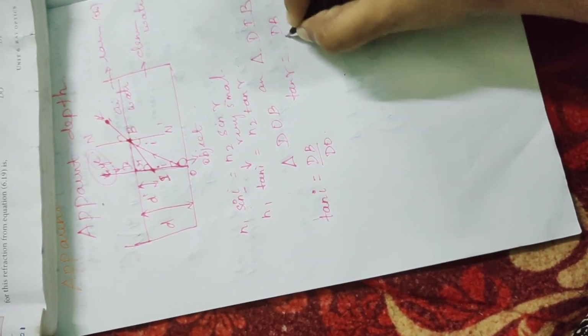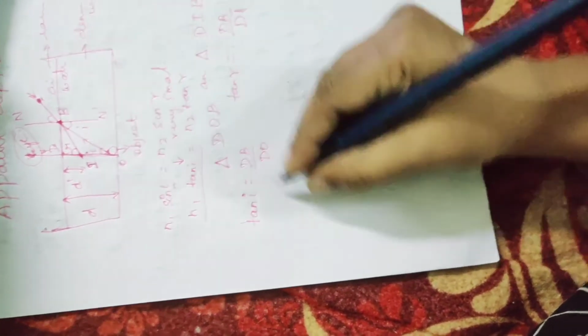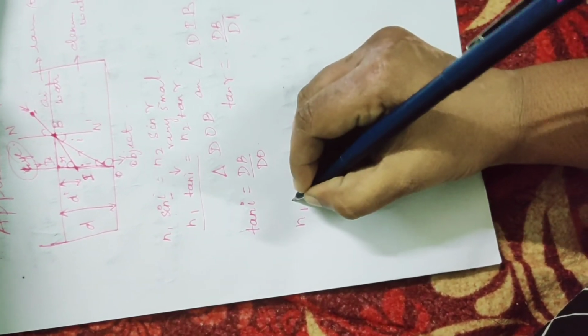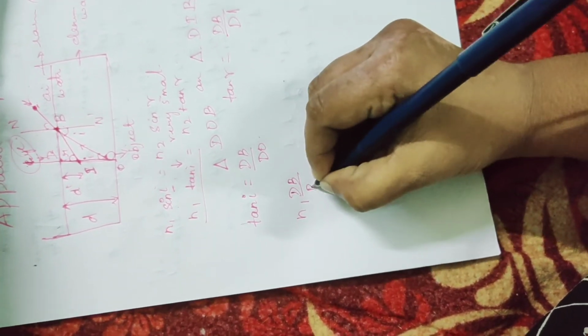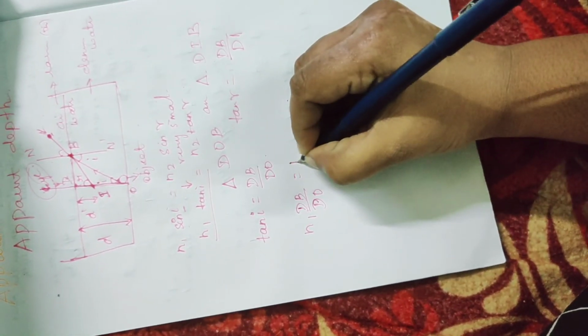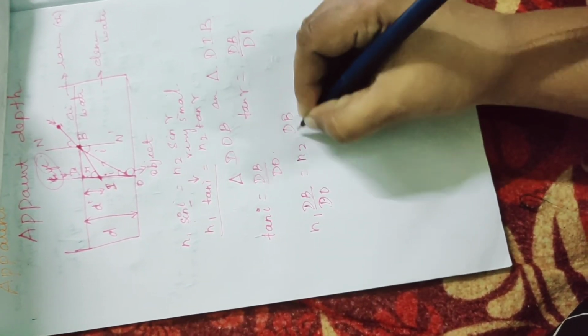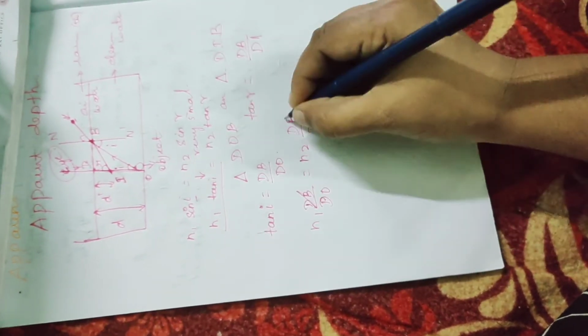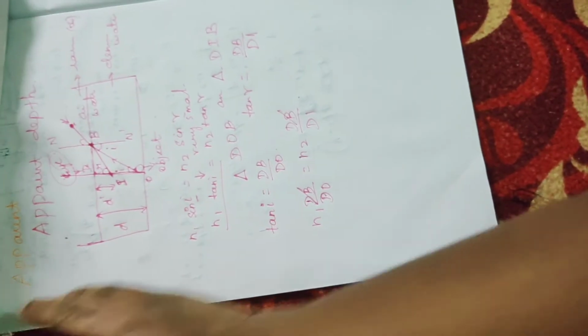So DB by DI. Now apply this in the equation: n1 DB by DO is equal to n2 DB by DI. So this DB and this DB cancel each other.